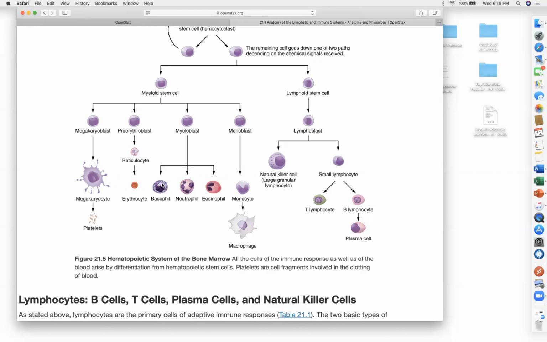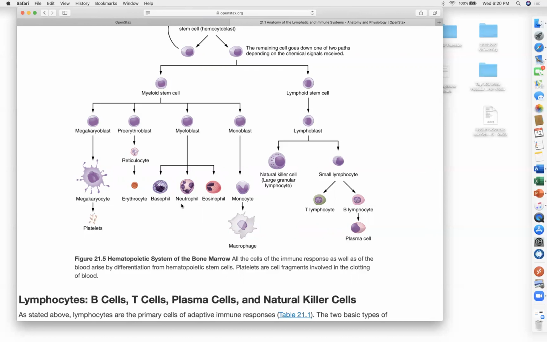Those little granules, remember we talked about in Anatomy and Physiology 1, were full of superoxides and things that break down things. And that's what basophils, neutrophils, and eosinophils do. They can wrap themselves around pathogens, wrap themselves around foreign bodies, and then they release these granules.